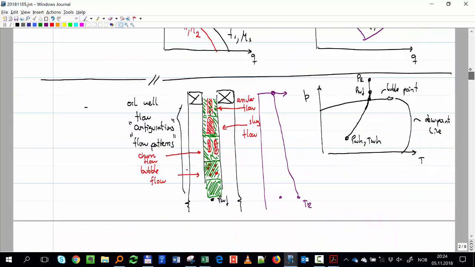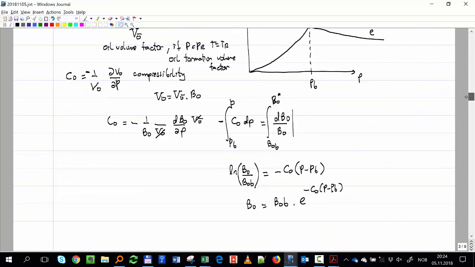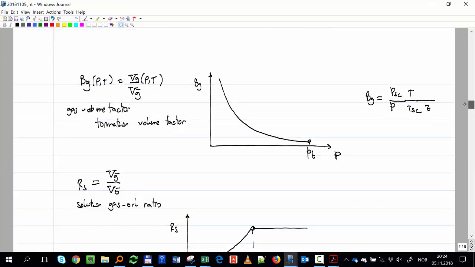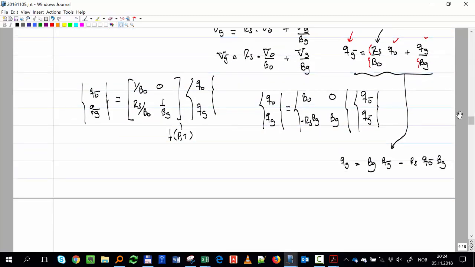Then we went to multiphase. It's a very complex case. We have to calculate oil and also gas. For that we covered the traditional black oil approach. Probably you already knew it from your reservoir classes. For us, it's very important that this is not a function of pressure only. It's also a function of temperature. In production, both pressure and temperature are changing.